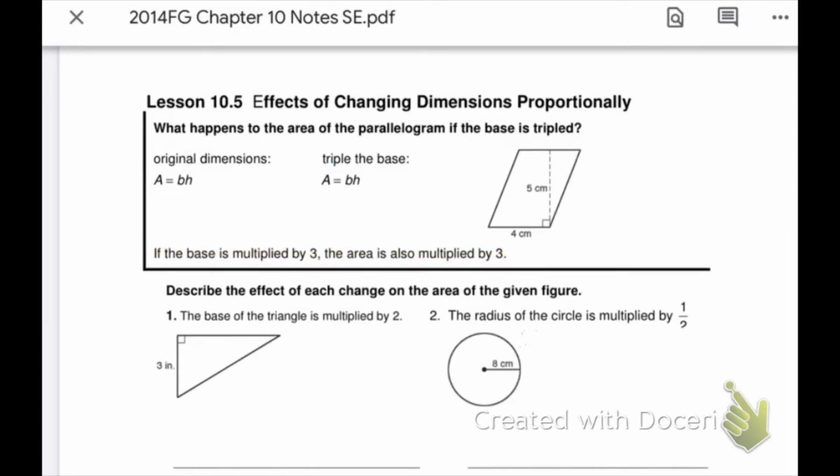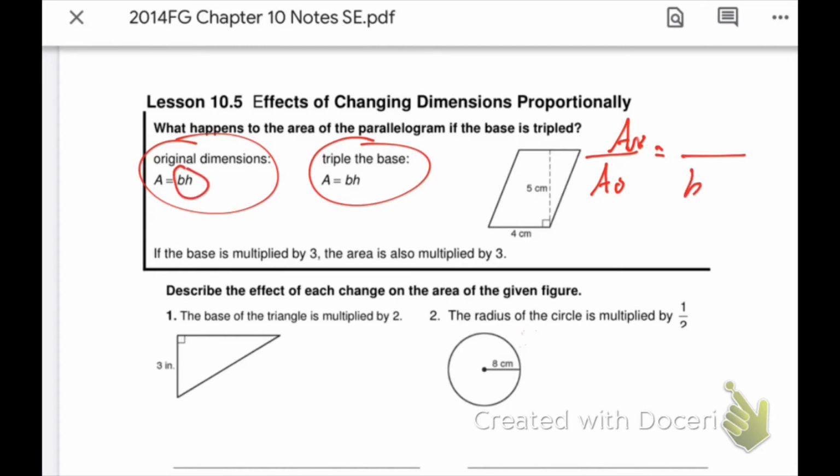So the new way I'm going to do this is, let's just compare our formulas here. So area new over the area of the original. We'll start with the original, base times height. Alright, so the area of the original is just base times height. The area of the new, well, I'm tripling the base, so I'm going to do 3b, 3b times the same height.